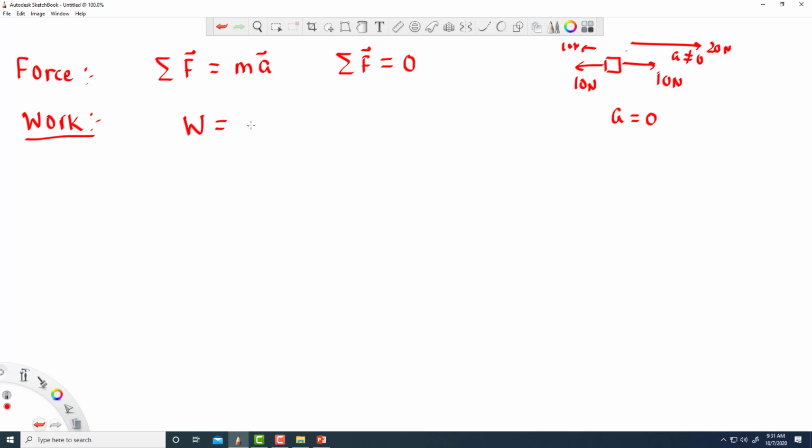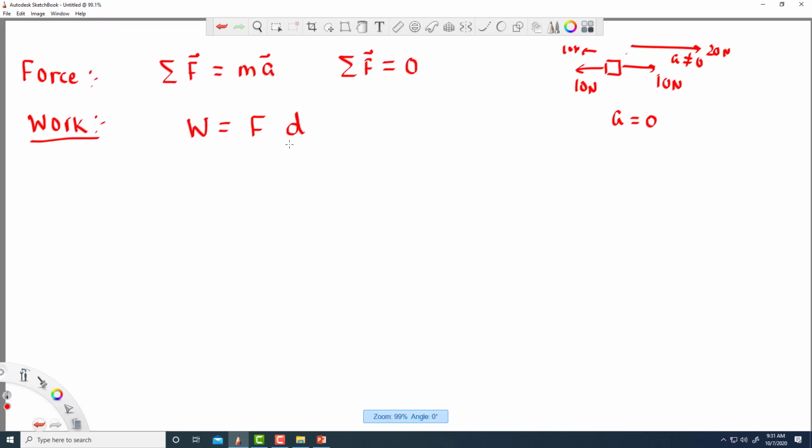Work is the force you apply on an object which produces some distance or displacement, F d. If it doesn't produce any displacement, you are not doing any work. No matter how hard I push, the wall is not moving, so there's no work. If the force produces a displacement, then you do the work.